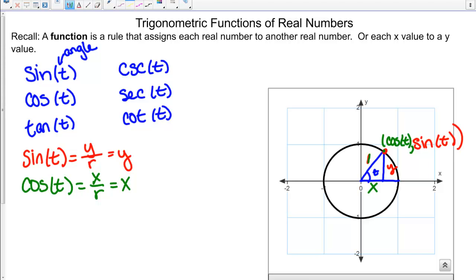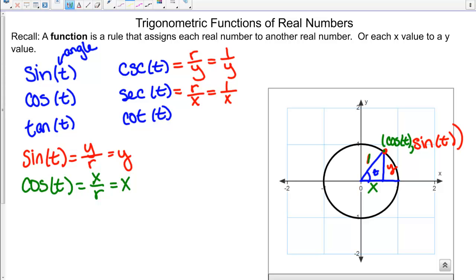Then we define cosecant of t to be our r over y, which in the case of the unit circle is 1 over y. Secant is r over x, which in the case of our unit circle is 1 over x. And now let's talk about the tangent and cotangent.